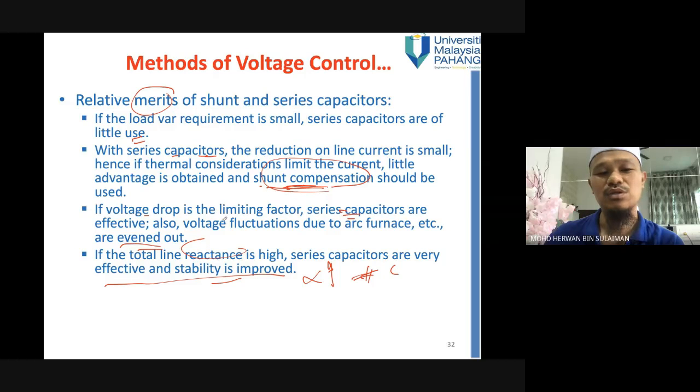Okay, if the voltage drop is the limiting factor, then series capacitors are effective. So it depends on how you want to use them, whether to use a shunt capacitor or a series capacitor. Okay, if the total reactance is high, the series capacitors are very effective and stability is improved.